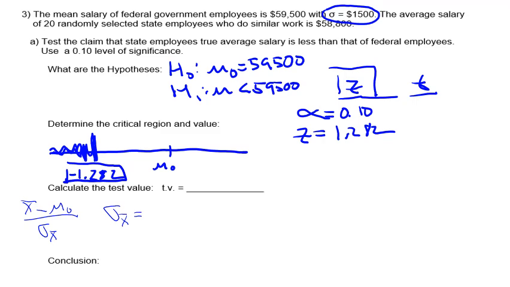It is 1500 divided by the square root of 20, the sample size. And so we end up with 335.41.